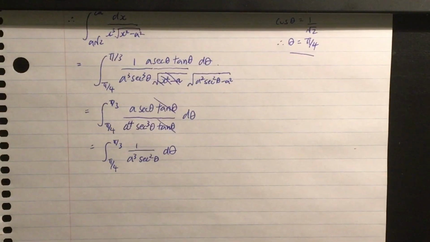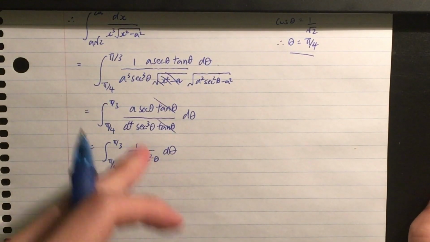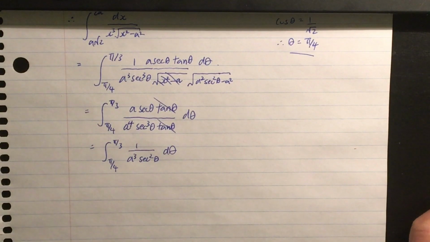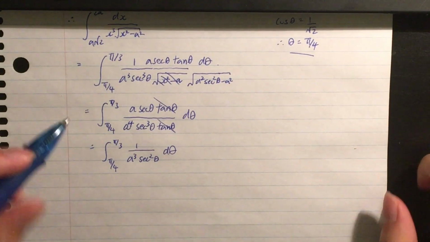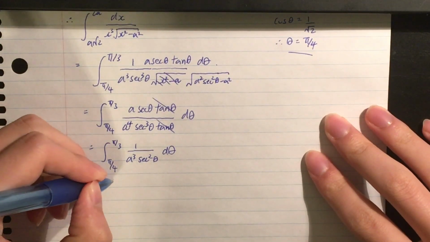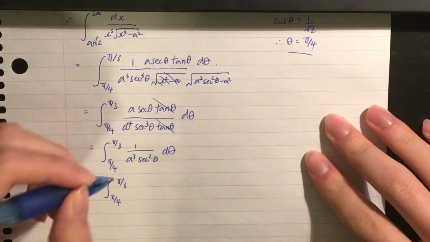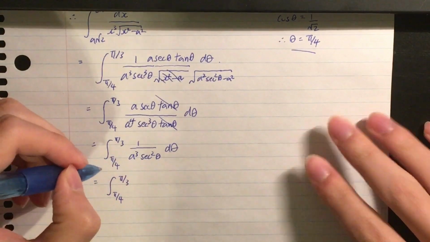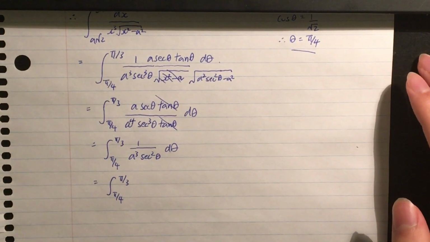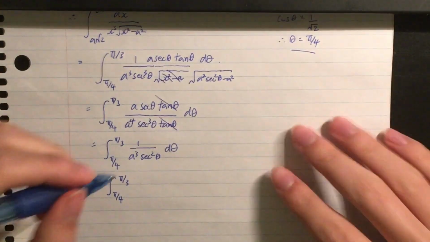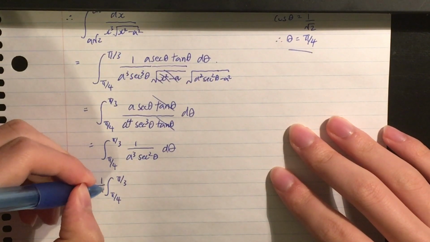Now, we see that 1 over secant squared theta is just cosine squared theta. And we might as well just take the 1 over a cubed outside of the entire integral.